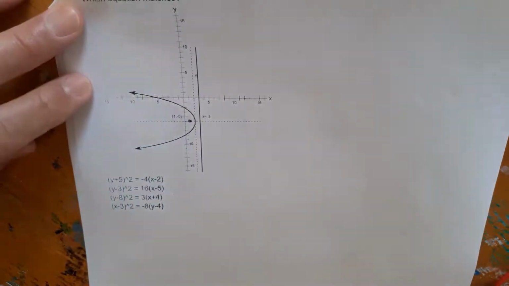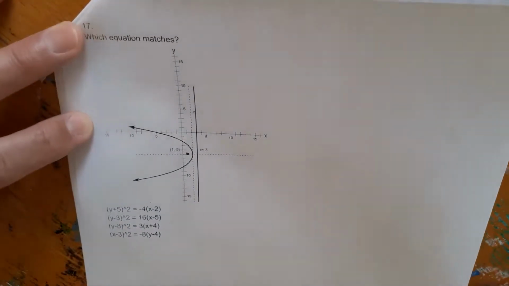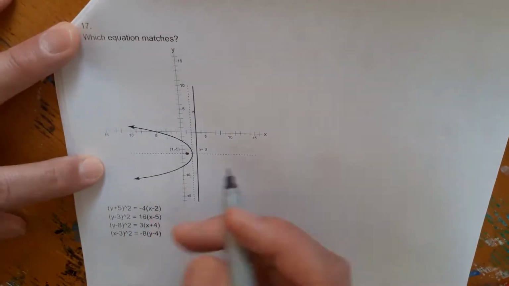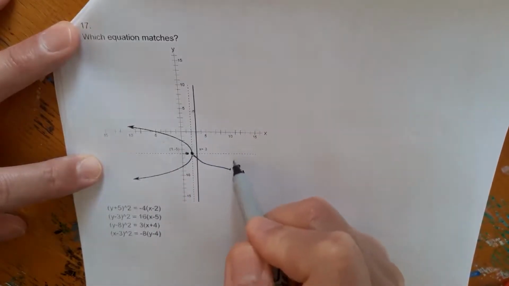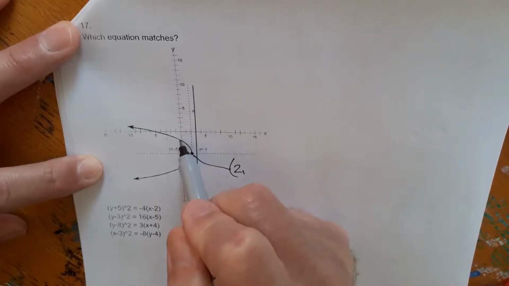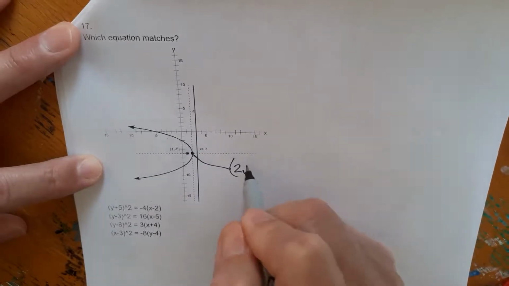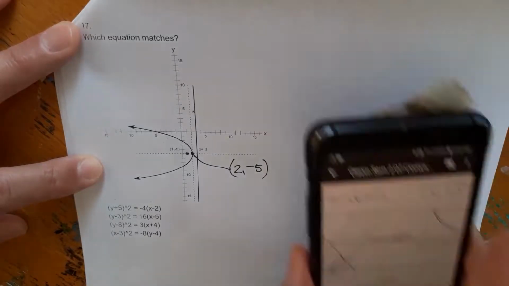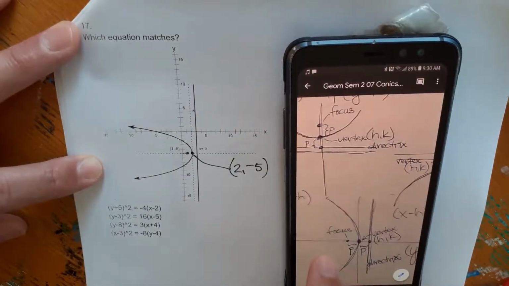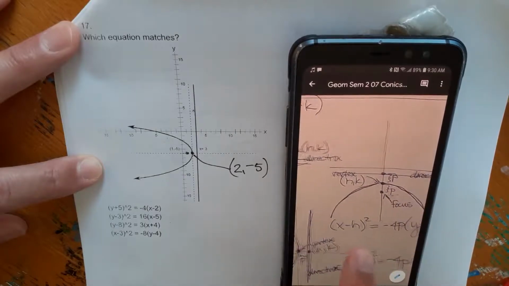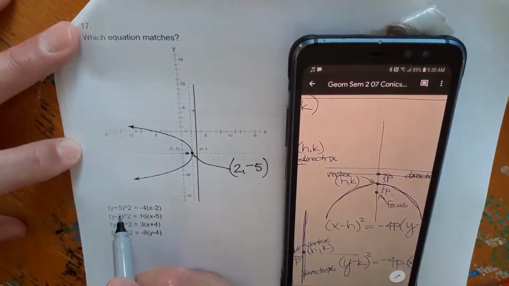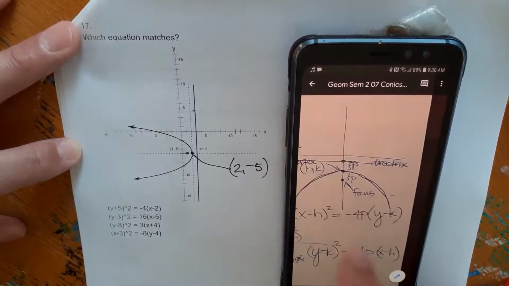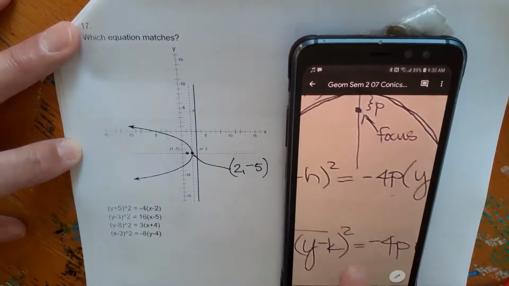And sure enough, here's a parabola opening up to the left. So let's find the vertex again here. This looks like 2, comma, 1, 2, 3, 4, 5, negative 5. 2, comma, negative 5. Here we have a parabola opening to the left. Here's our equation. X minus h squared. So h is 2. So x minus 2 squared. Oops, I'm looking at the wrong equation. I'm sorry, you guys. Bad notes.